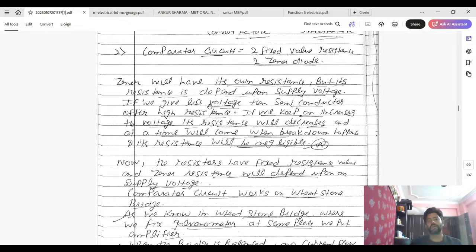A zener diode has its own resistance, but its resistance is dependent on the supply voltage. The principle of the zener diode is that it will achieve a breakdown voltage, the avalanche breakdown. If we give less voltage, then the semiconductor offers a high resistance.